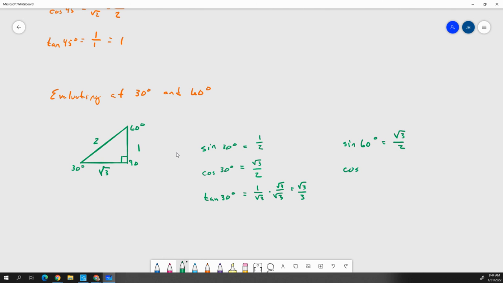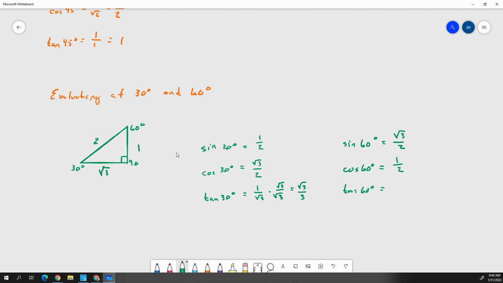So cosine of 60 degrees is going to be the same as sine of 30, right? Because cosine of 60 now is adjacent over hypotenuse, and our adjacent is 1, and our hypotenuse length is 2.